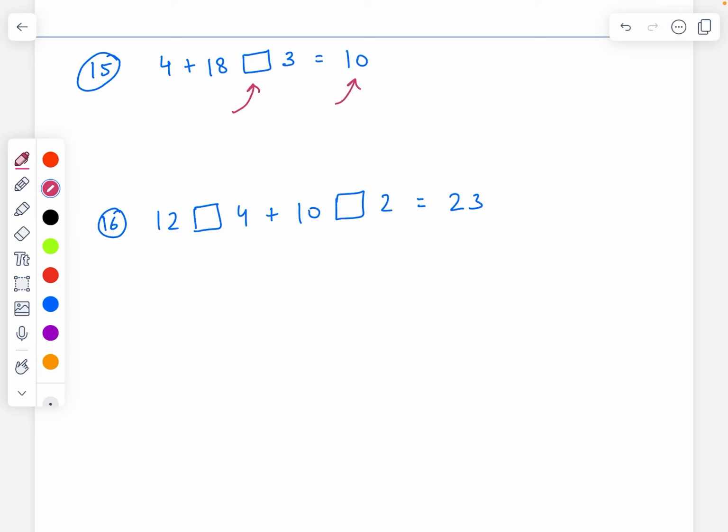So we cannot use plus over here. That means there is some operation, that is multiplication or division, applied over here, and then we will add 4 to it. Now if I divide 18 by 3, I'm going to get 6. So let's try that out. If I solve the division first, 18 divided by 3 is 6, plus 4, that is 10.